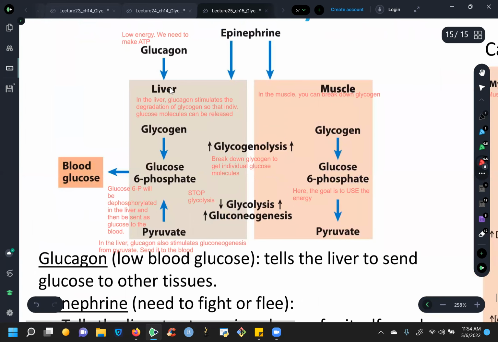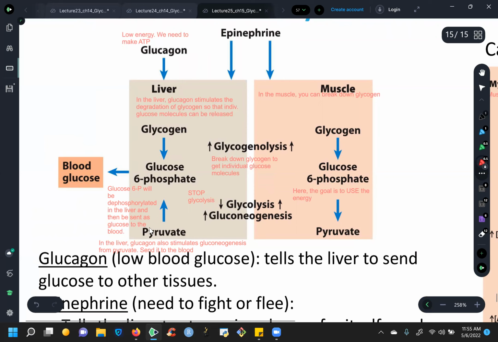So again, glucagon in the liver, you have glycogen. Glycogen is broken down to glucose 6 phosphate, and glucose 6 phosphate will be dephosphorylated in the liver, and then it will be sent as glucose to the bloodstream. You can also have pyruvate in the liver. Glucagon also stimulates gluconeogenesis from pyruvate, and it'll send it to the blood.